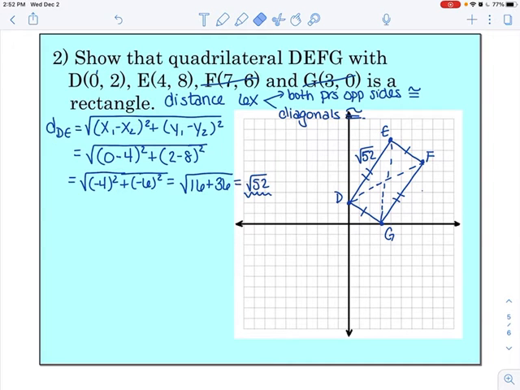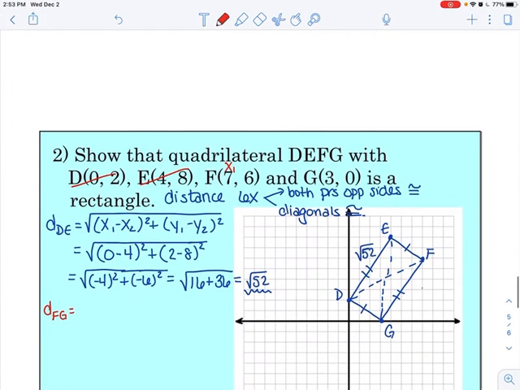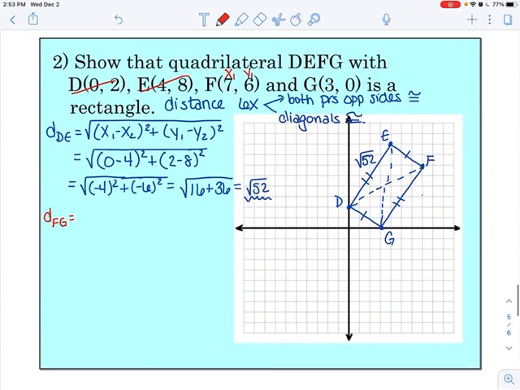So for GF, this time I'm ignoring D and E, and I'm using G and F only. So ignore D, ignore E, and again we're using F and G. And again, that's X1, Y1, X2, Y2.